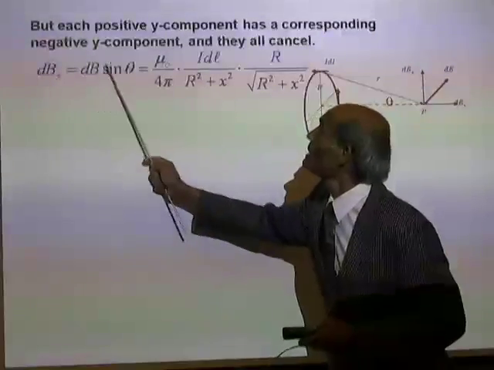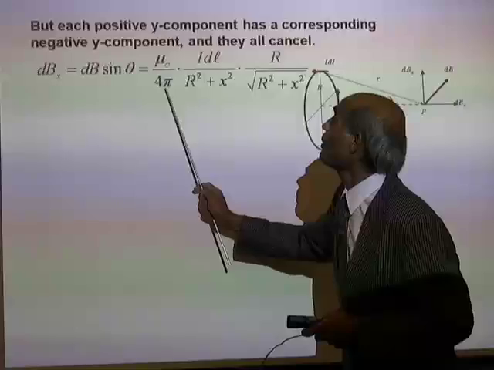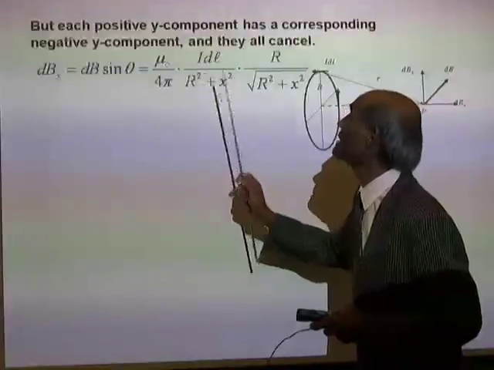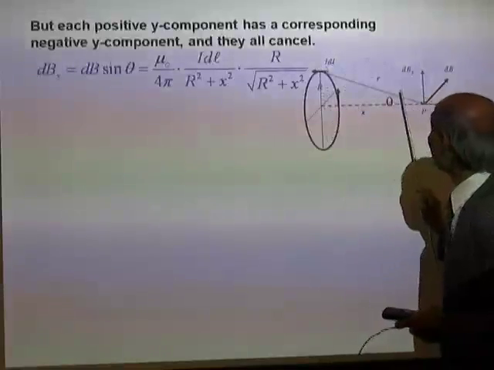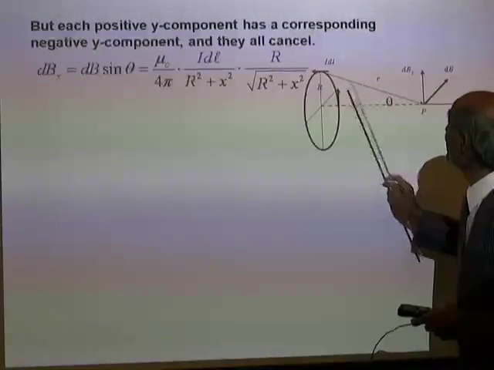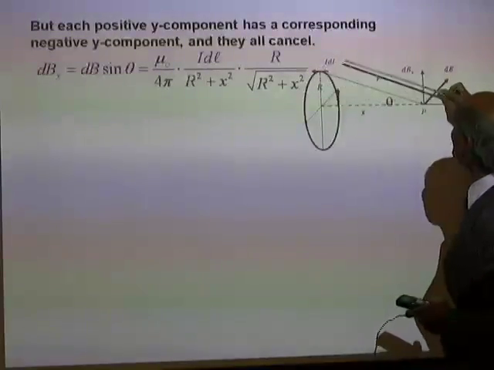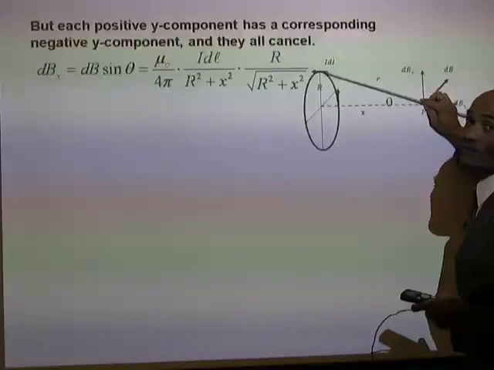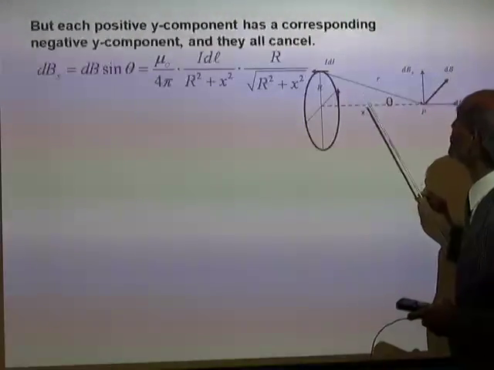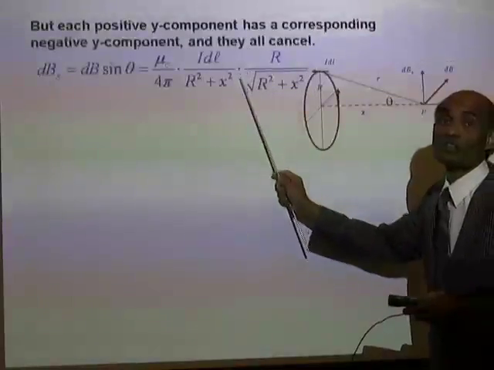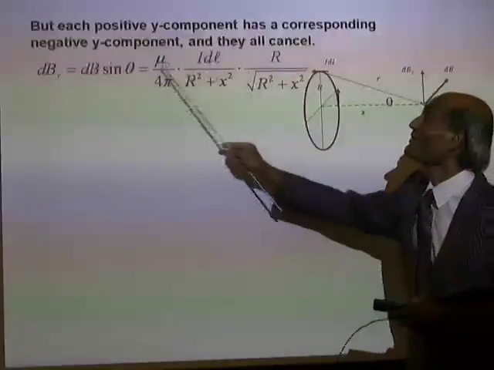Well, dB we know is mu 0 over 4 pi times I dl over r squared plus x squared, and sine theta from this diagram is r divided by the small r, and this distance is square root of r squared plus x squared. So this expression replaces sine theta.